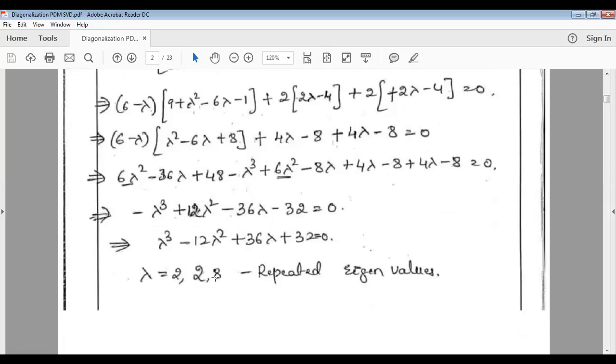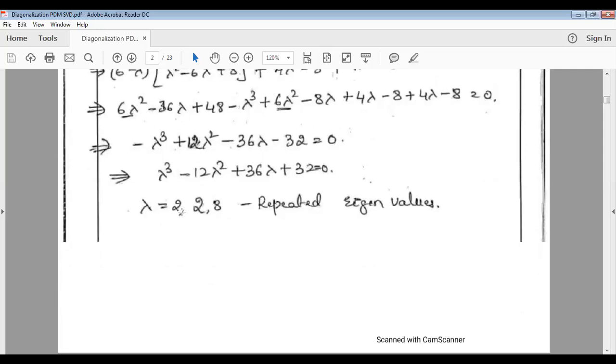This is how we find the eigenvalues. The next step is to find the eigenvectors. In order to diagonalize a matrix, you will necessarily have to find the eigenvalues and the eigenvectors, and then proceed. So now we need to find the eigenvectors corresponding to each eigenvalue.